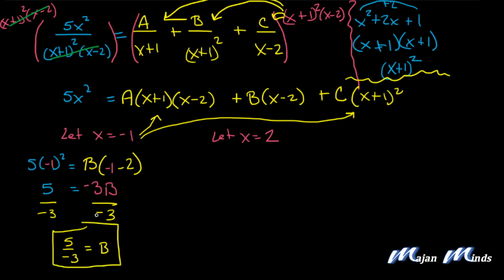Let's write that down and say that part is done. Now we'll do this again, but with 2. So we have 5 times 2 squared.